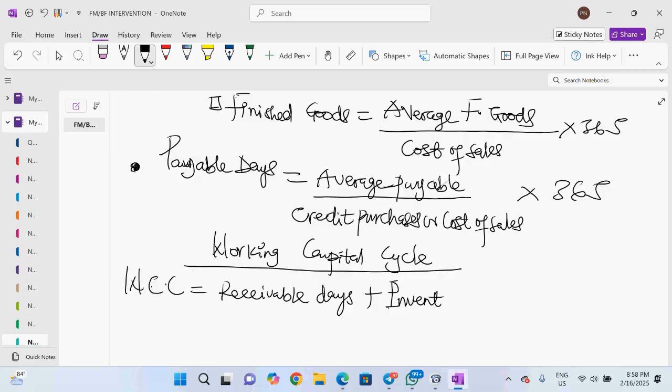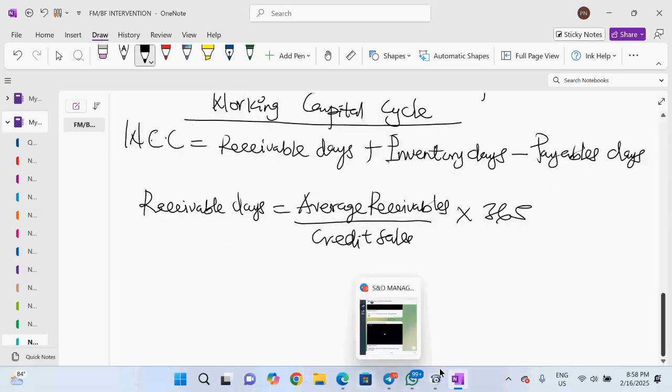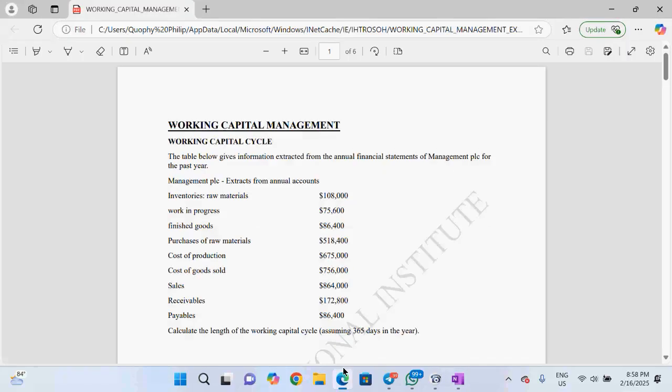So can we locate what is the average receivables from the question? How much is the average receivables?